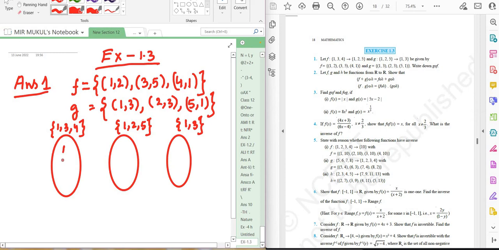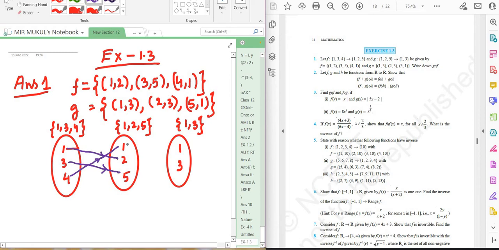Under f, the image of 1 is 2, the image of 3 is 5, and the image of 4 is 1.